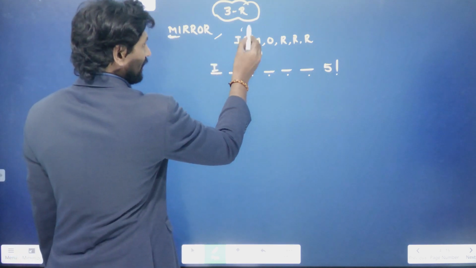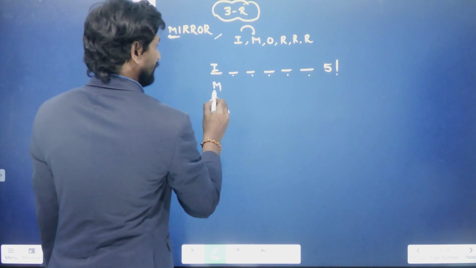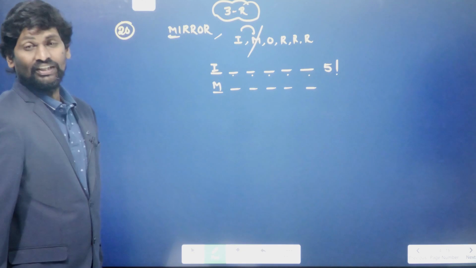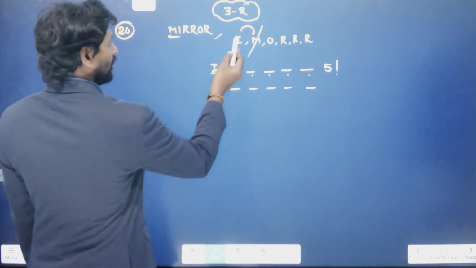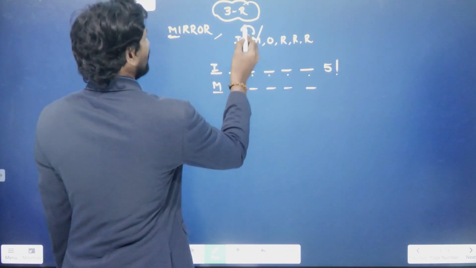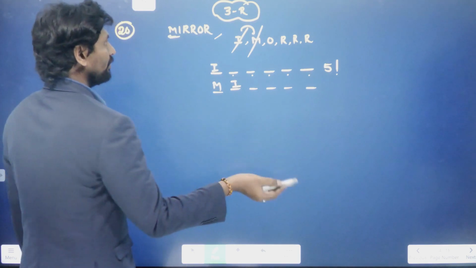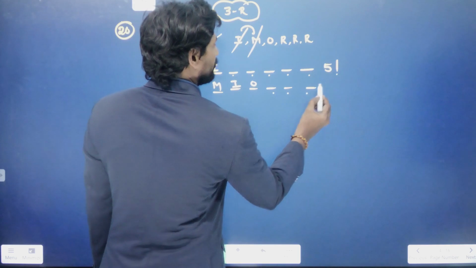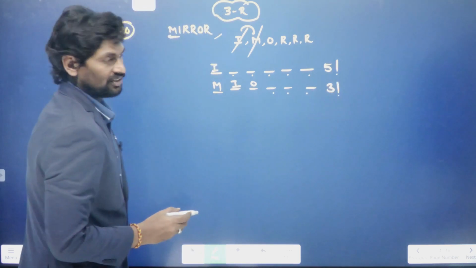So the next alphabetical letter is M. With M, the first letter we already got. After M, again in alphabetical order I, that we also got. Next alphabetical letter O. So M, I, O gives an arrangement of 3 factorial.